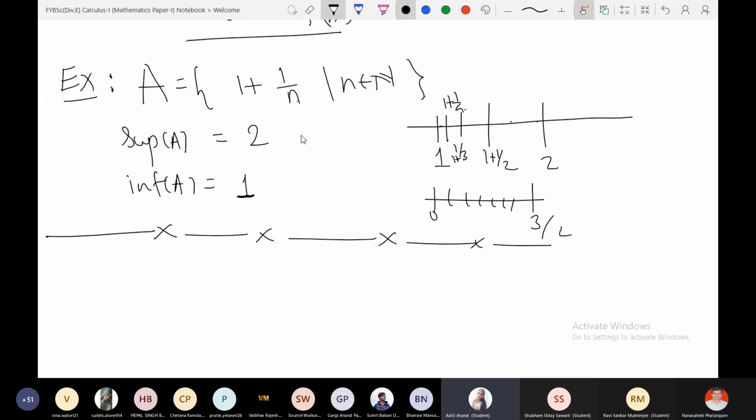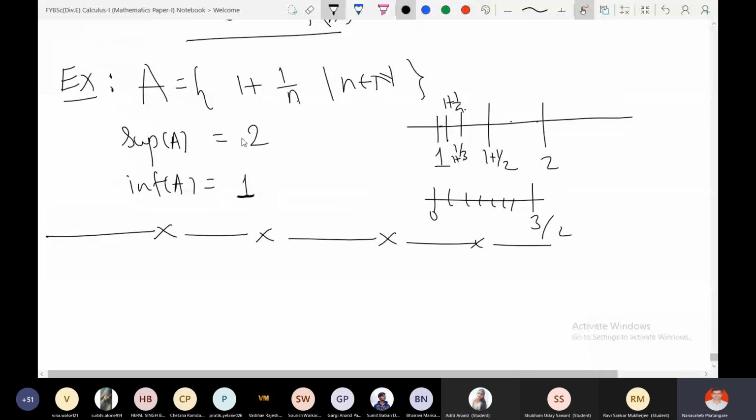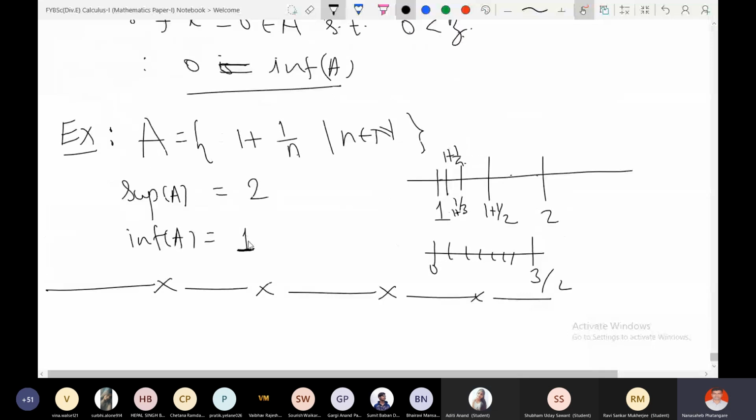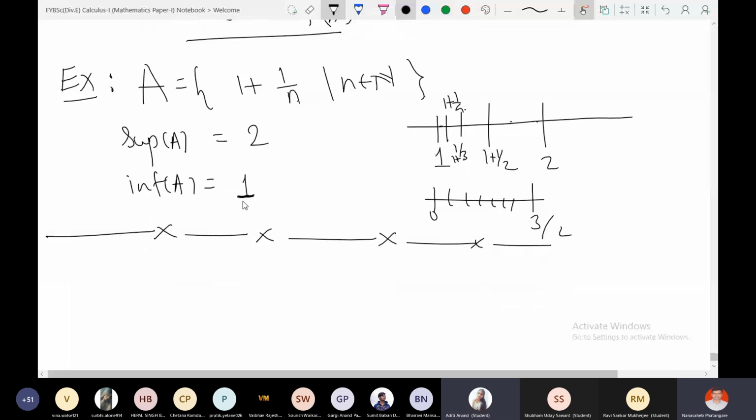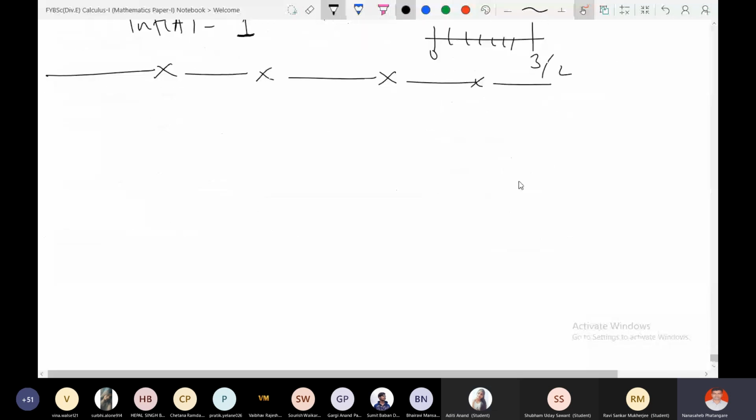Right? So to prove that 2 is the supremum is an easy case because 2 is a member of the set. But to prove that 1 is the infimum is not so easy now. Is it clear? 1 is a lower bound that you can easily check. But why is 1 the greatest lower bound? That is not trivial in this case. So for that we need more power.